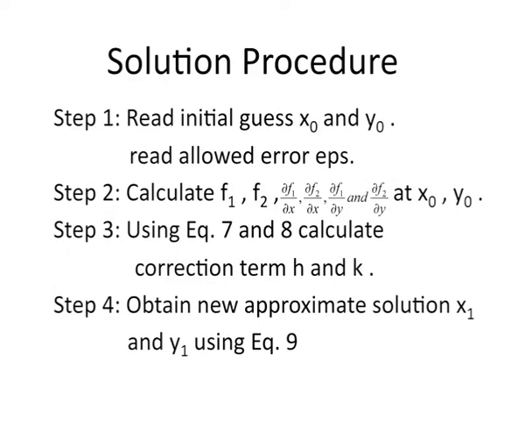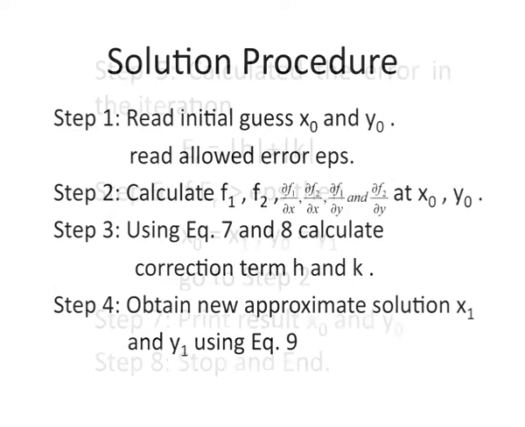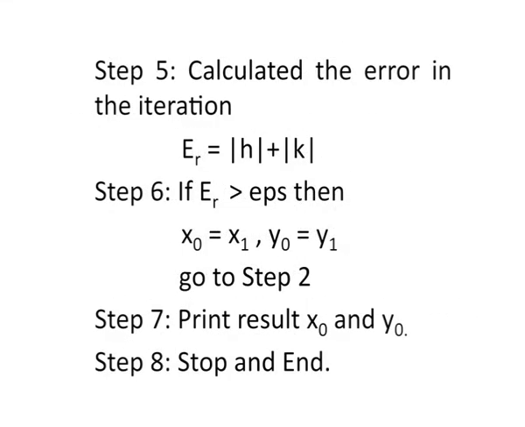Then we use equations 7 and 8 to calculate the correction terms h and k. Using these correction terms h and k, we calculate the next approximate values of x and y, that is x1 and y1, using equation 9. Then we calculate the error in the iteration, that is the absolute value of h plus the absolute value of k, and if this error is greater than epsilon, then we replace the initial approximate values by the newly calculated values, x0 equal to x1, y0 equal to y1, and then we go to step 2 and repeat the whole procedure.